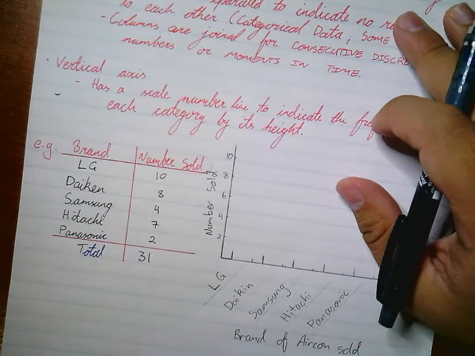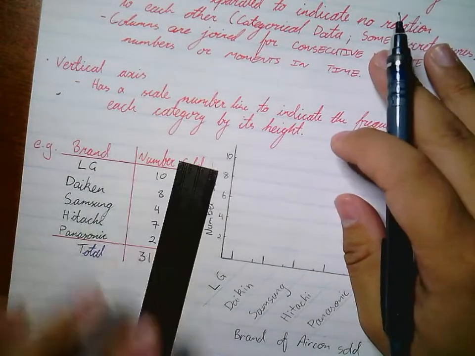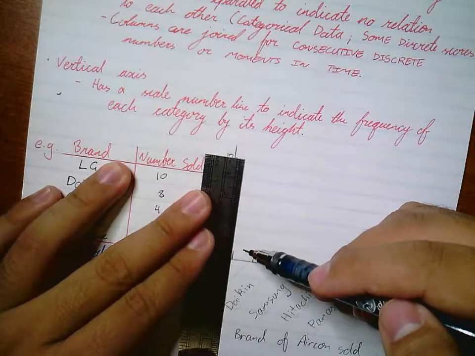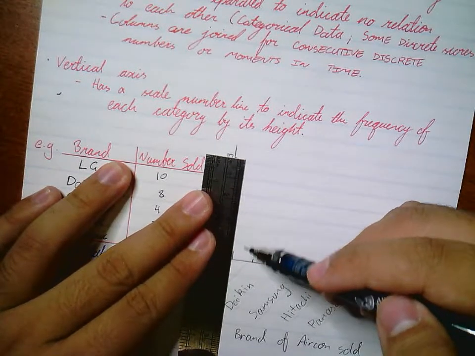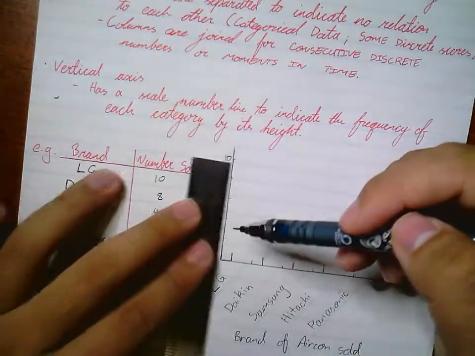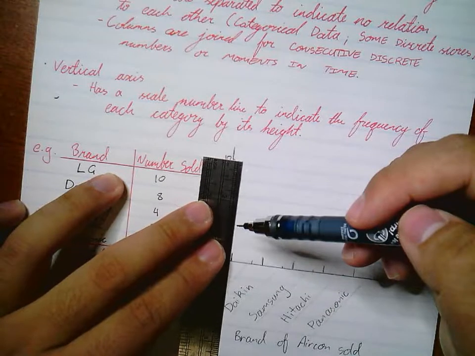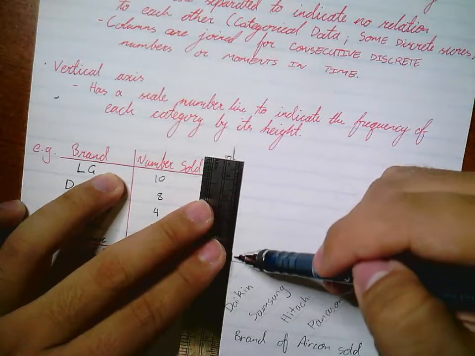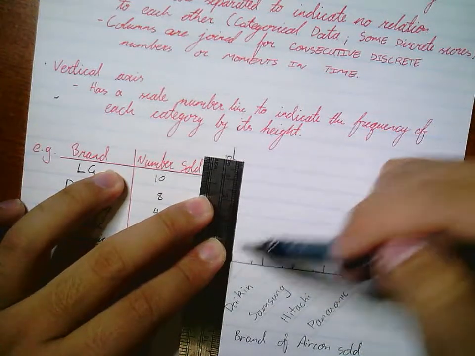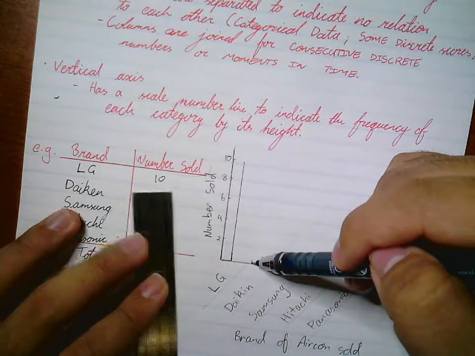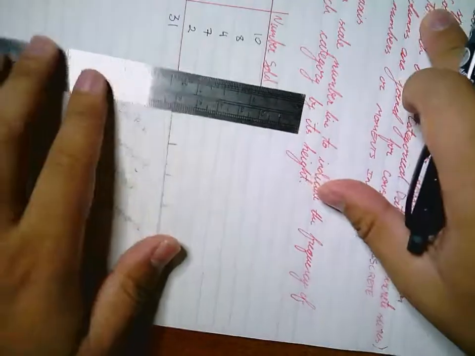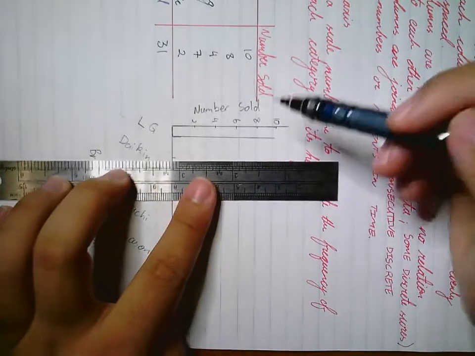Okay, and then now let's start putting our columns in. Using this leftmost column, I'm going to line it up to our number. So LG had 10, so we line it up, and up we go. Same goes for this column here, because these two lines will make our column.